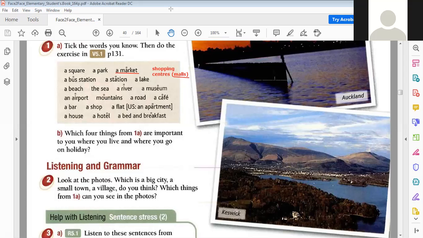Library, of course, you can. And school. Yes. I think a shop. And a park.